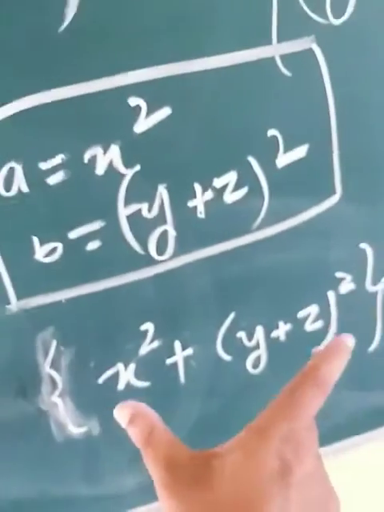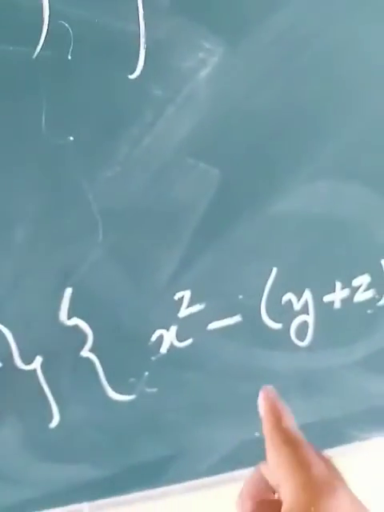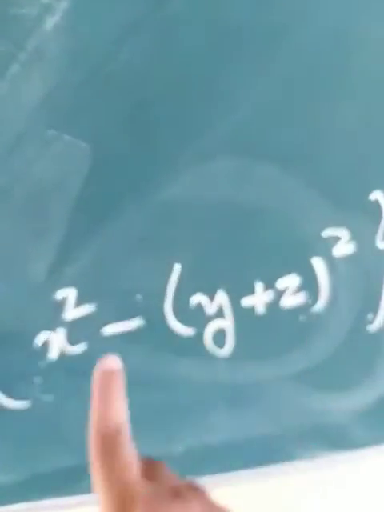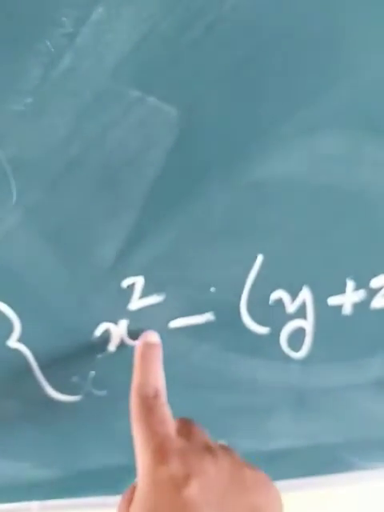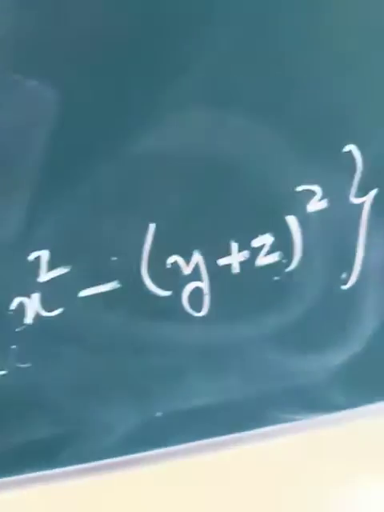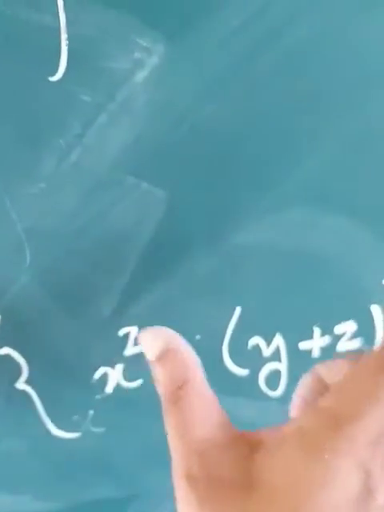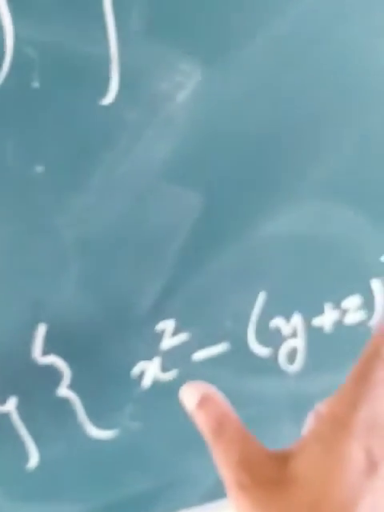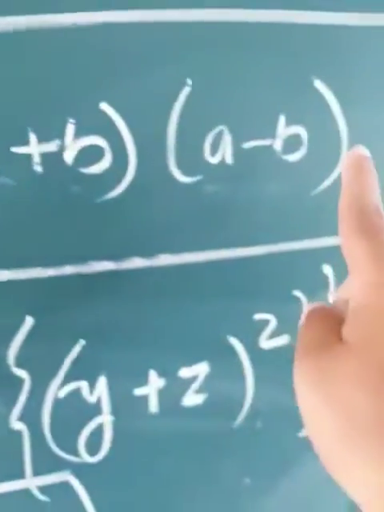So we'll keep this part as intact, but as you see carefully, if you see the second part carefully, it is given in the form of a squared minus b squared, isn't it? So again we have to split this second part of the solution in the form of a plus b, a minus b.